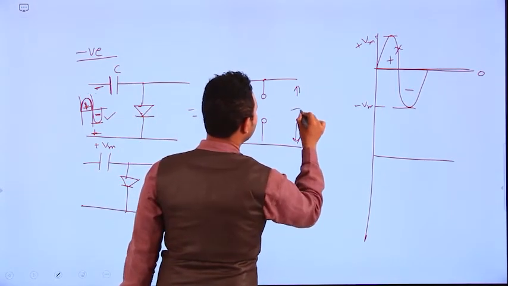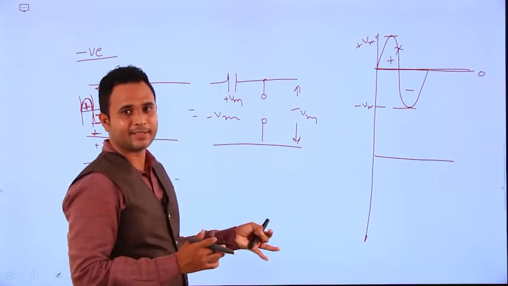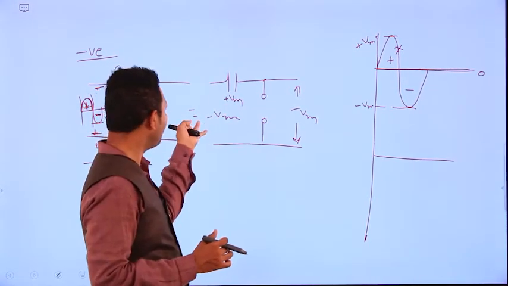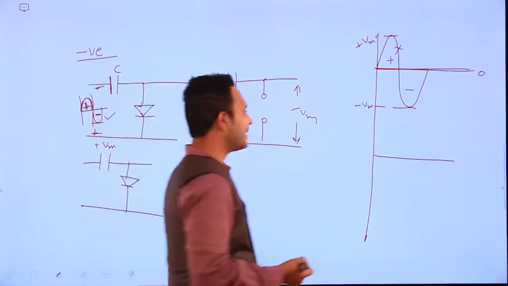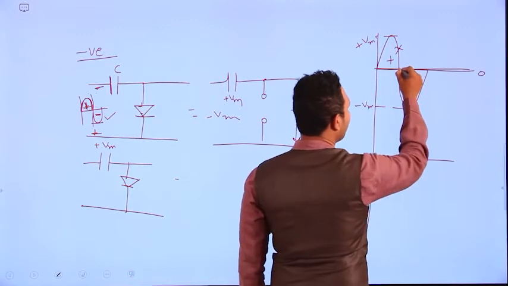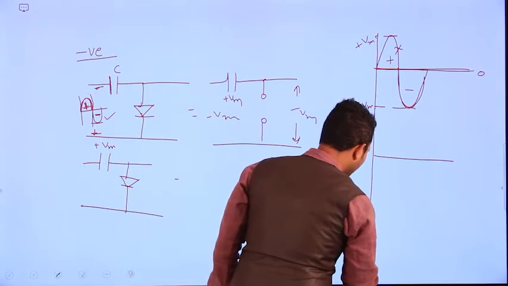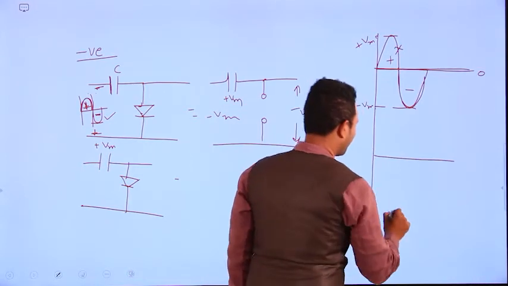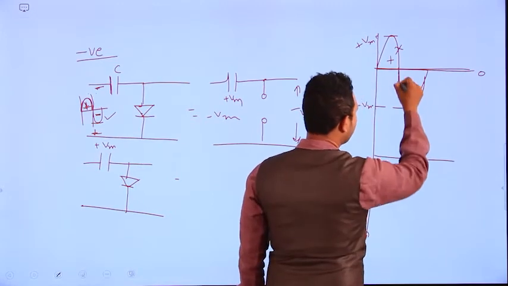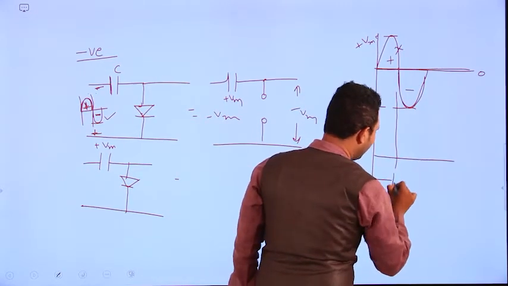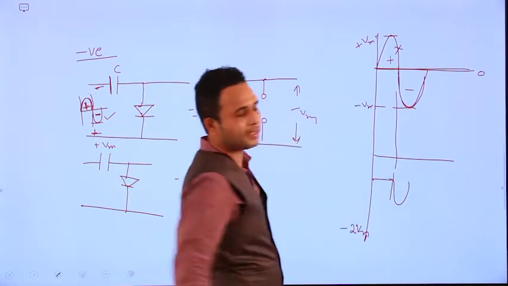Both of them are added, so the minus Vm is converted to minus 2Vm. For the positive peak I am not writing anything. The negative peak comes out like this.